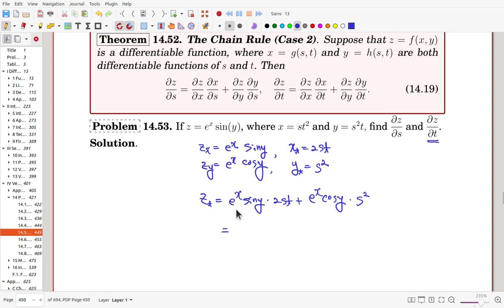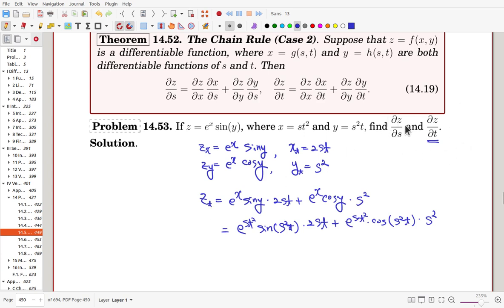So that is e to the s t squared, sine of s squared t, times 2st, plus e to the s t squared, cosine of s squared t, times s squared. So that's the final answer for the t derivative.